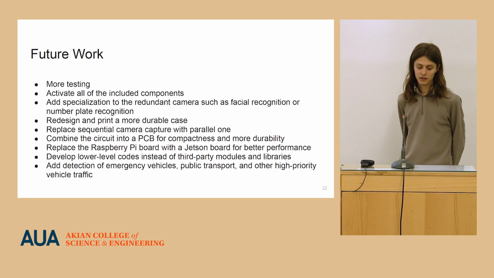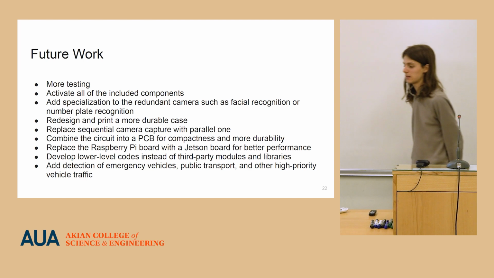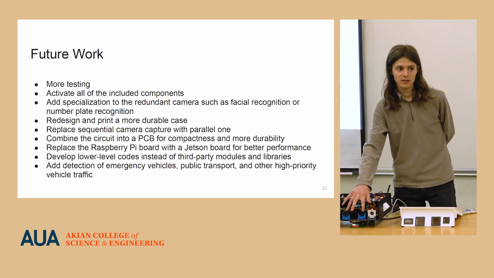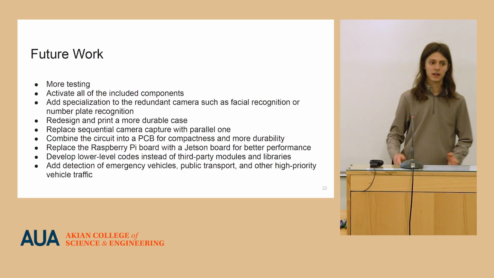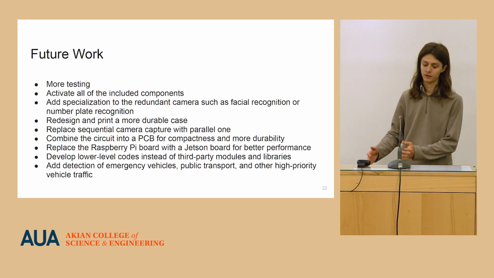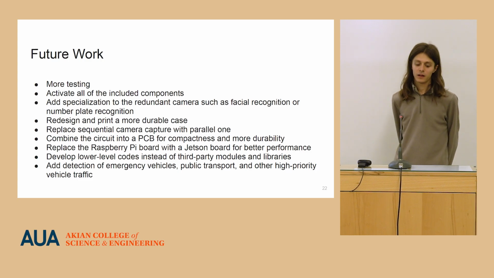The third thing is to add a specialization for the redundant camera, because as we can see here, we have two cameras and only one is needed to monitor the roadway ahead. So the second one can be used for additional functions such as facial recognition or number plate recognition.